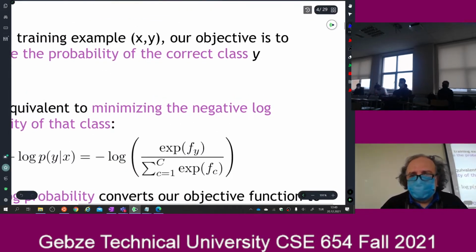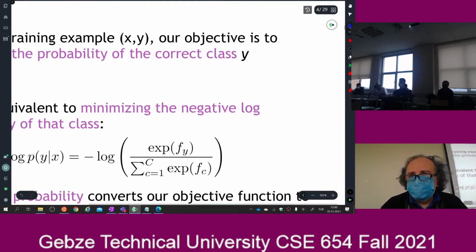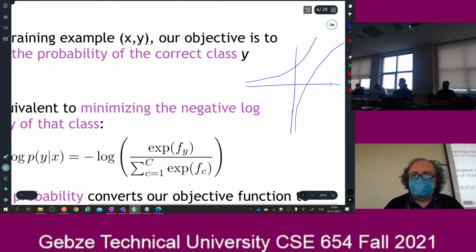Let's try to do the same thing again. This is e to the power x. This is log x, just the inverse of it, right?